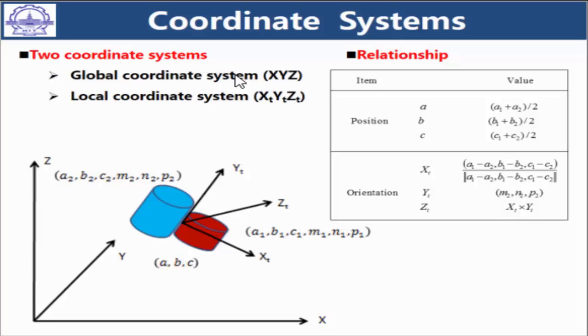Here we can see that we have two coordinate systems. The first one, denoted as XYZ, is the global tracking system. The second one, XT, YT, ZT, is the coordinate system of the tracking target. The relationship between these two coordinate systems can be seen in the table.